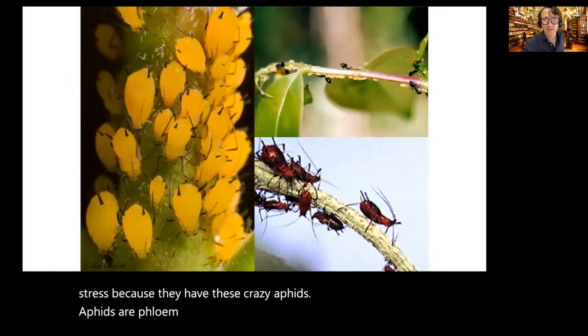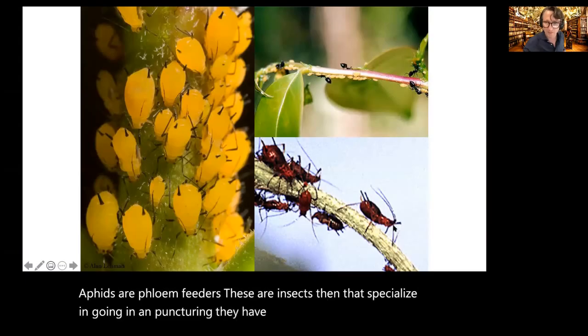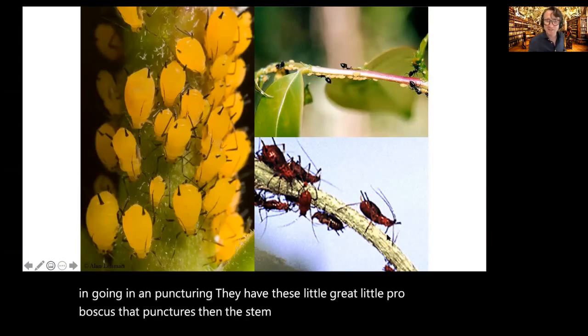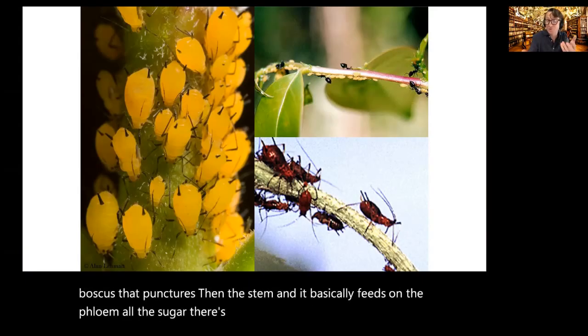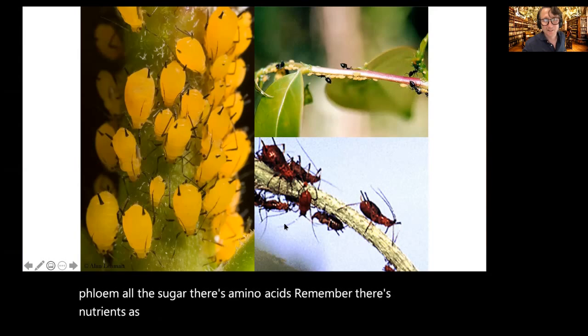These are insects that specialize in puncturing the stem with a great little proboscis, and they basically feed on the phloem, all the sugar. There are amino acids, remember, there are nutrients in there as well. And so these are horrible little parasites going in and feeding on the phloem.